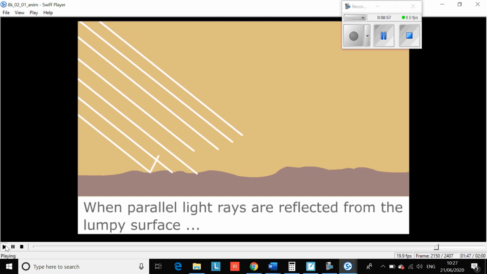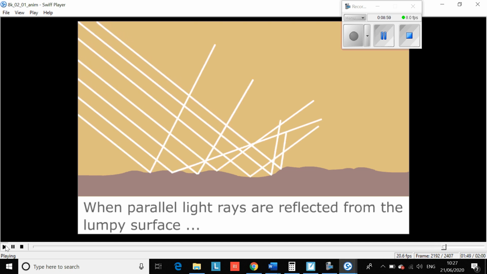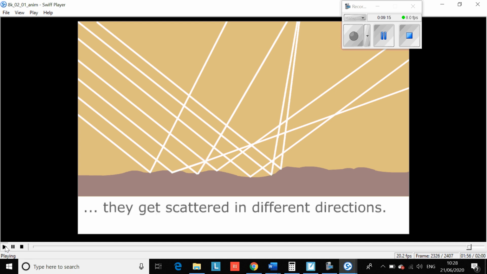They still reflect, but as you can see, they hit the surface and reflect off in all directions. The beams of light are scattered. Now we still can see those beams of light, and so we still get an image, but it's not the same as a reflected image from a mirror. Okay, and we call this diffuse reflection.